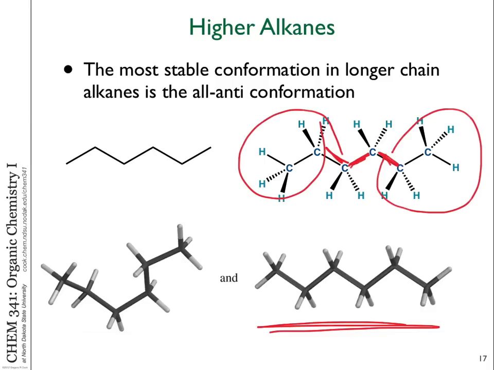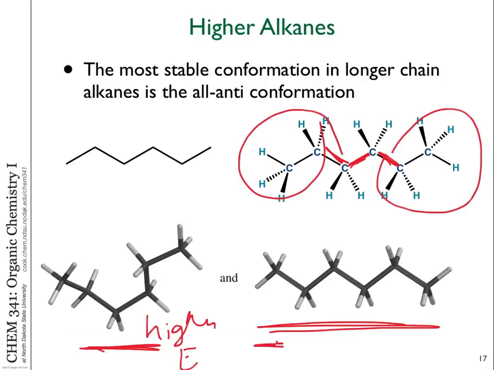So if you look at the comparison here on the bottom, the molecule certainly could rotate and twist up. This one, if you were to analyze that conformation frozen in time, would be higher energy than this one on the right. Okay?